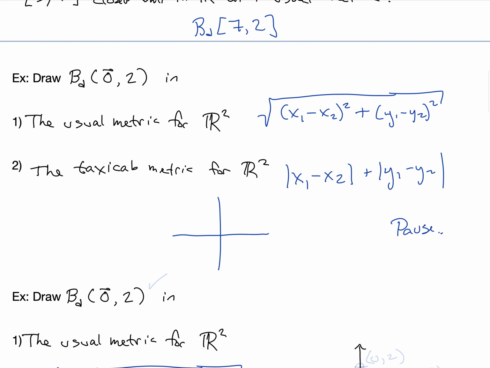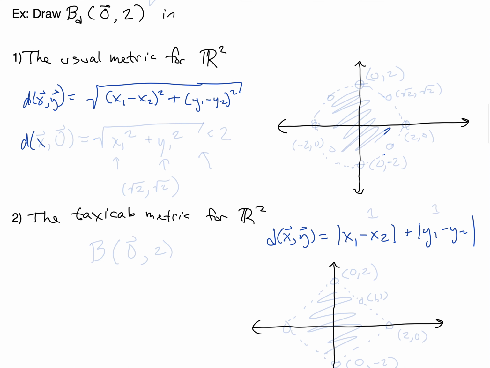So for this open ball, we're looking at the distance between x and 0 being equal to the square root of x1 squared plus y1 squared, if (x1, y1) are the coordinates of the point x, being strictly less than 2.